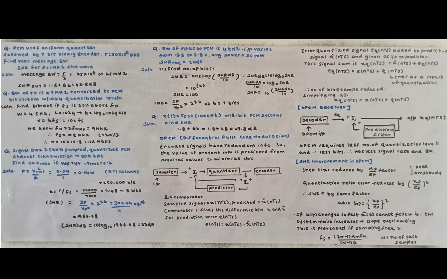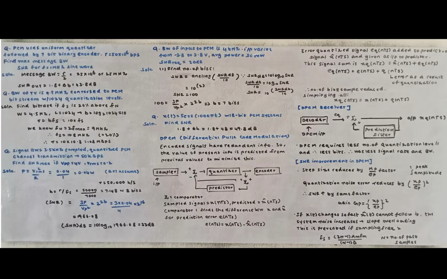The next question: your signal bandwidth is 3.5 kilohertz, sampled and quantized with a PCM channel transmission of 50 kbps. Find SNR max if Vpp is 4V, P RMS is 0.2. This is where the formulas we used in the derivation become useful. So we have P equals V RMS square by R, which is 0.04 watts. We have to assume R equals 1 because it's normalized.